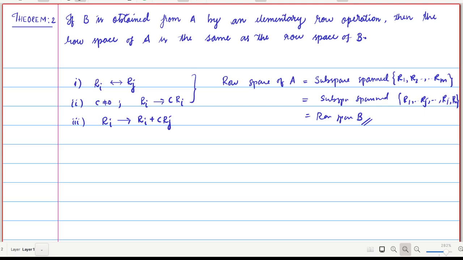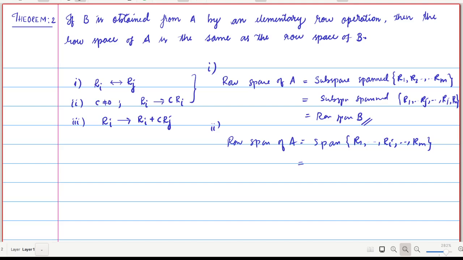Okay, now if we have the second row operation, that means B is obtained from A by performing the second operation. We write this is for the first operation and this is for the second operation. The row space of A is the span of the rows R1, R2, etc., Ri, etc., Rm. So this is the span.